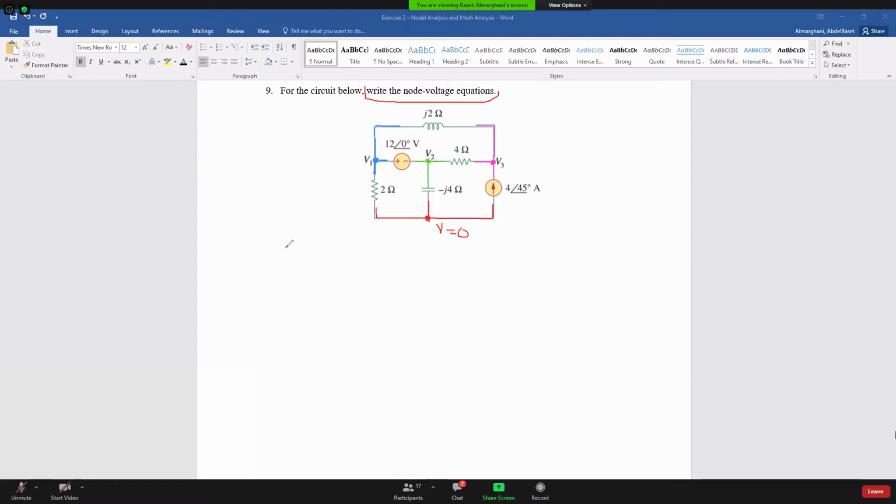Look what is between node 1 and node 2, a voltage source. When you have a voltage source between nodes, you're going to do a super node here. So, voltage source between 2 nodes, we're going to use a super node between the 1 and 2.